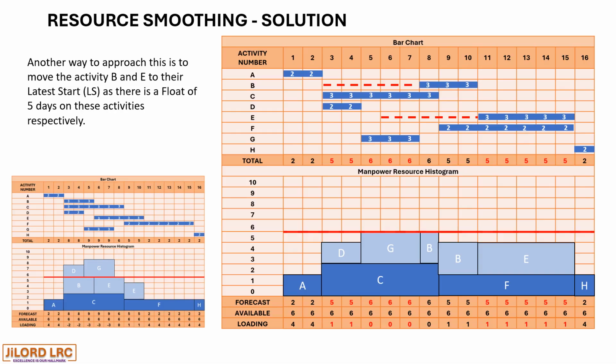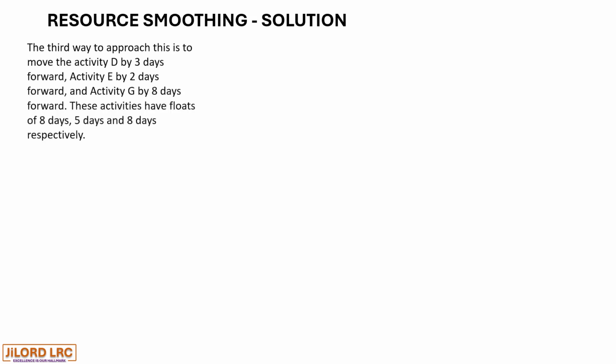And then there is a third way of also smoothing using this format. The third way is to move activity D by 3 days, activity E by 2 days, and activity G by 8 days. And these are all within their float limits.